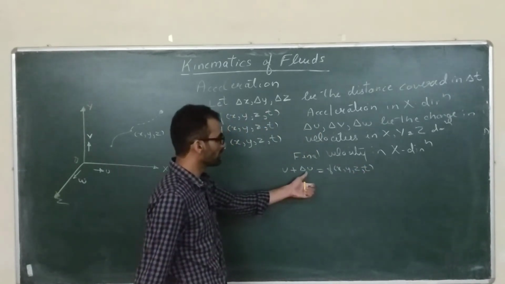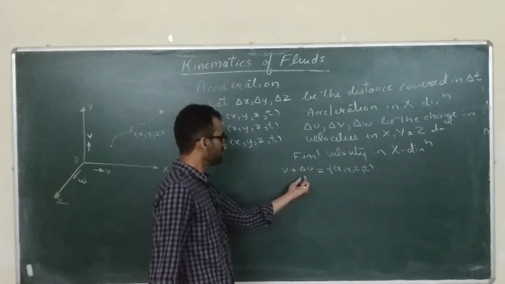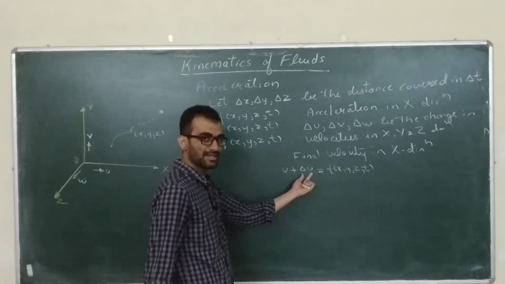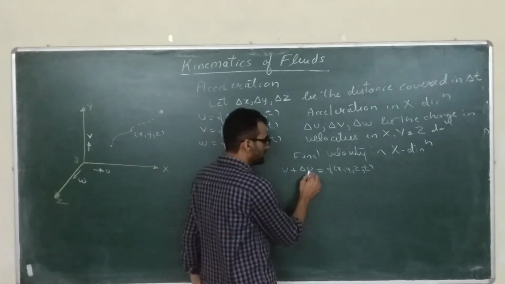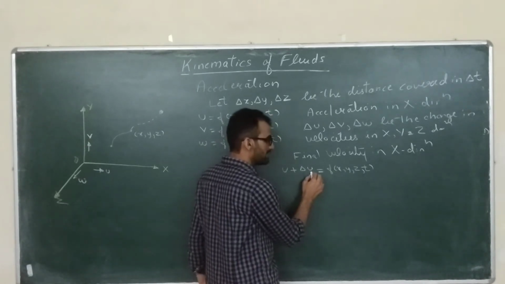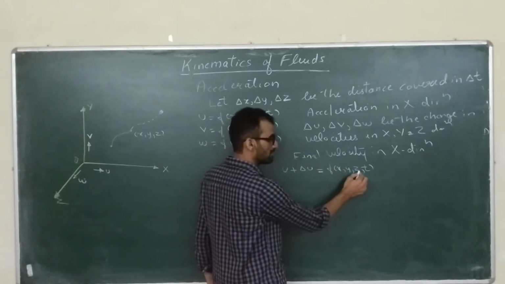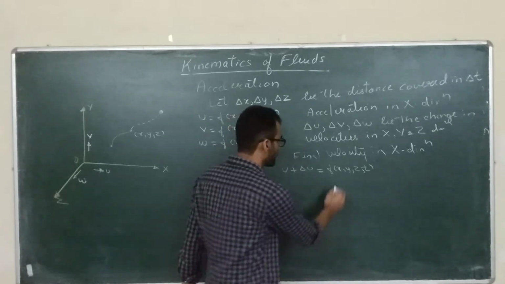Now delta u, how can you write delta u? Delta u is the change in velocity in x direction. It can change with respect to x also, y also, z also and t also, because we have 4 variables.